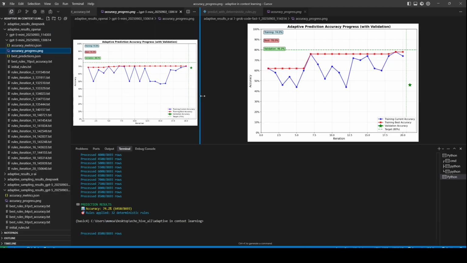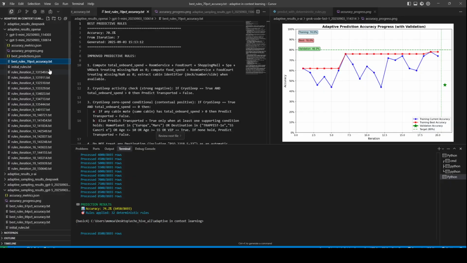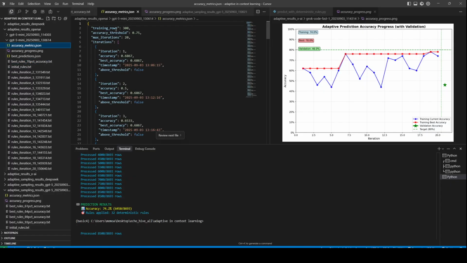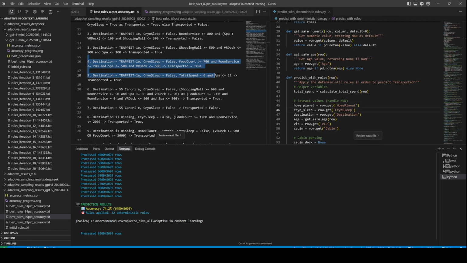I was able to achieve better results here. We got 70%, which was our best rule, which is written here. And if you look at accuracy metrics, we were given 300 training rows from a shuffled set. So this worked, and I'm very happy.